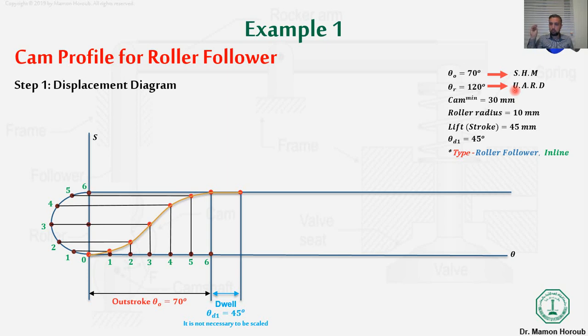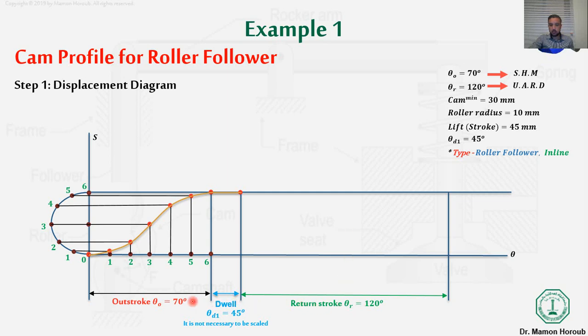Just bring the equation S equal whatever that we discussed before, and plug in different thetas. You will have your S, and you can draw your diagram directly. If you don't want to go to that equation, I have another approach that I can explain for you, to do it directly to have your diagram.